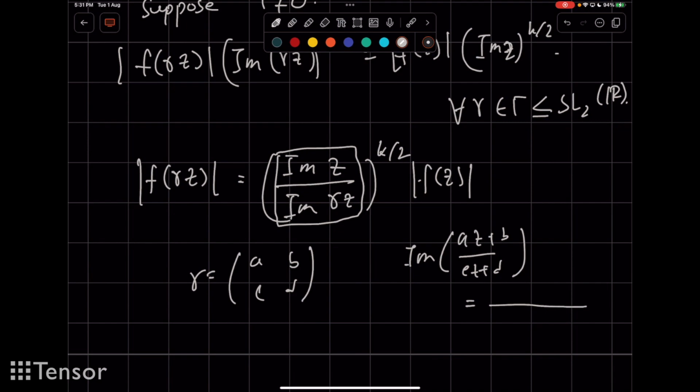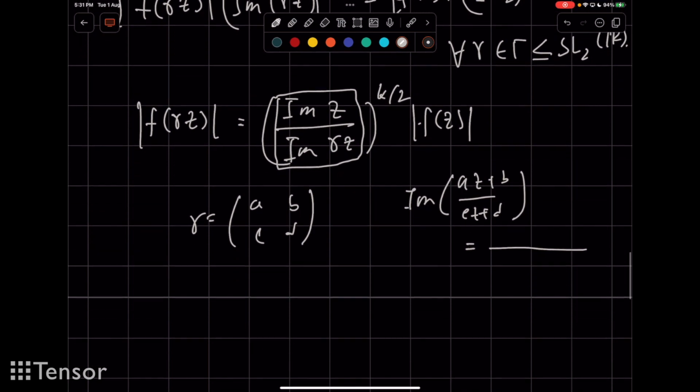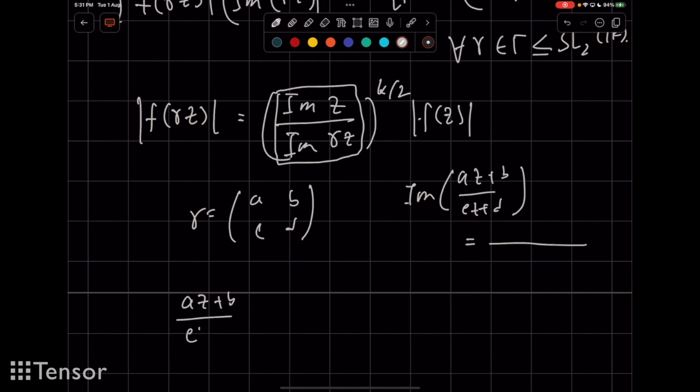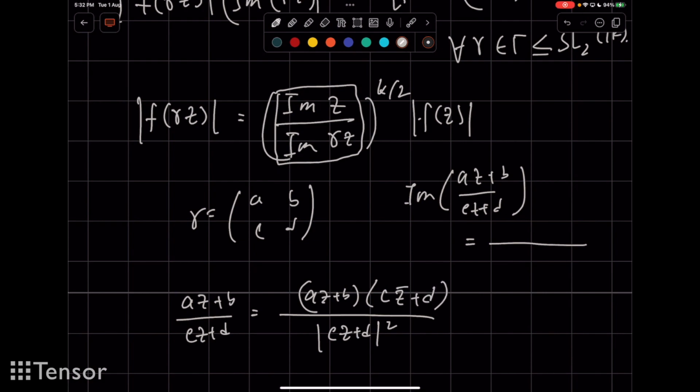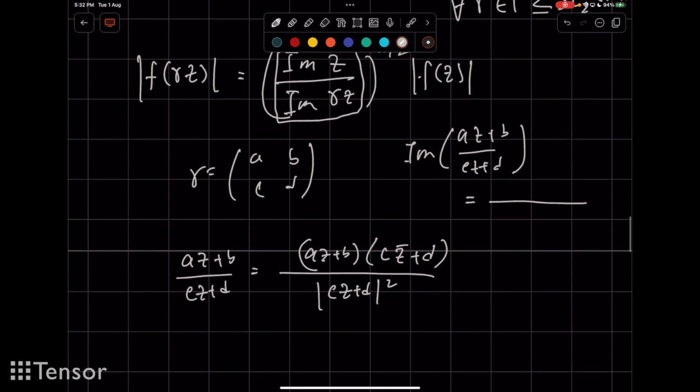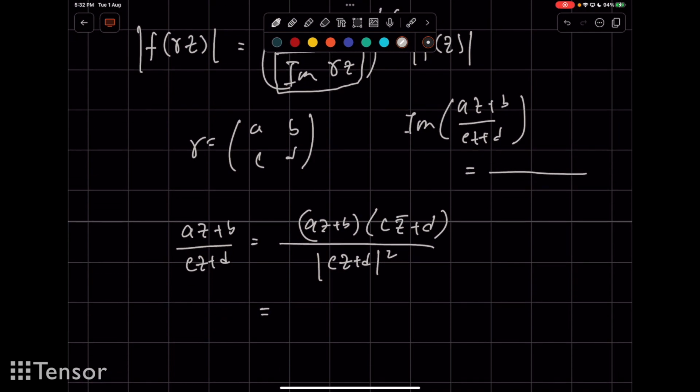Well, as before, we can do the same computation. (AZ plus B) over (CZ plus D) is equal to (AZ plus B)(C Z bar plus D) over |CZ plus D| squared. If z is x plus iy and z bar is x minus iy, we need to focus only on the imaginary part of this product.